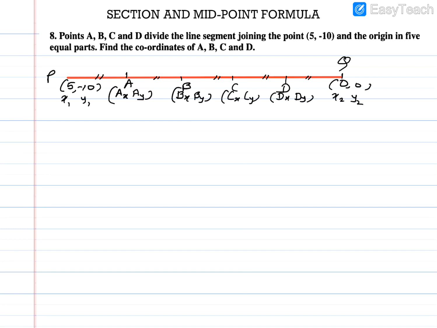Suppose I want to find the point A. Now consider the diagram P, Q, A. So what we see, it is divided into how many parts? 5 equal parts. So this will be 1, the remaining 1, 2, 3, 4, it will be 4. So the ratio is 1:4.